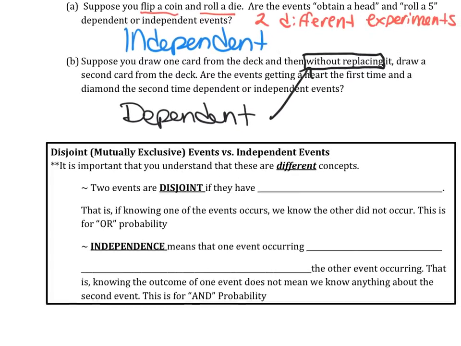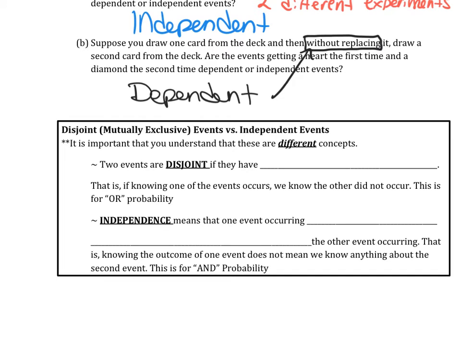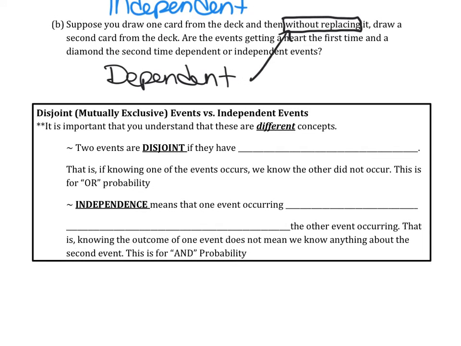Okay, so at the bottom here, just a quick side note of how disjoint and mutually exclusive that we learned about yesterday, how that is different than the independent events that we just talked about earlier. So it is important that you understand that these are two different concepts. Two events are disjoint if they have no outcomes in common, so there's no overlap.